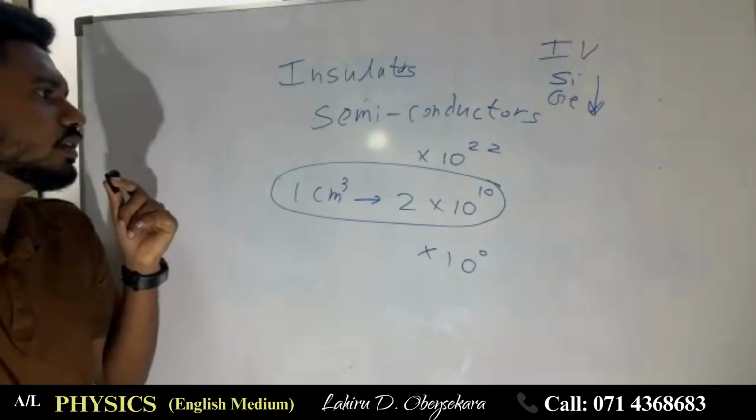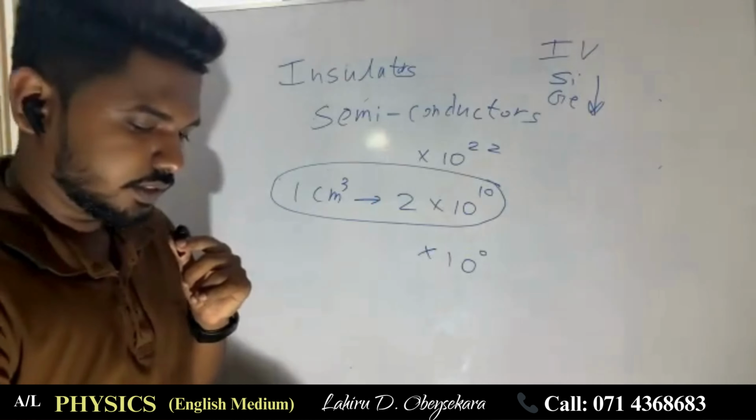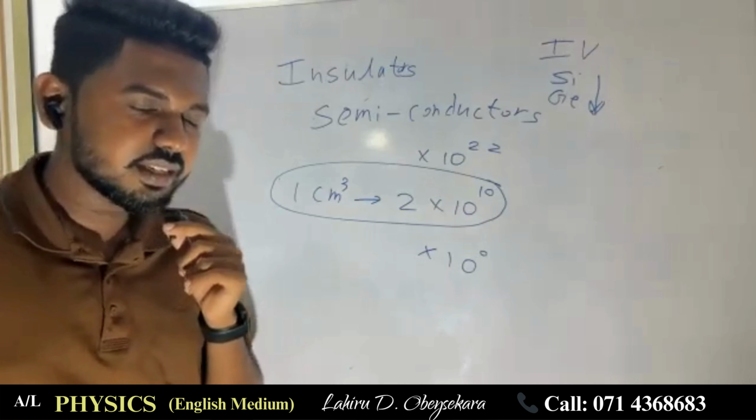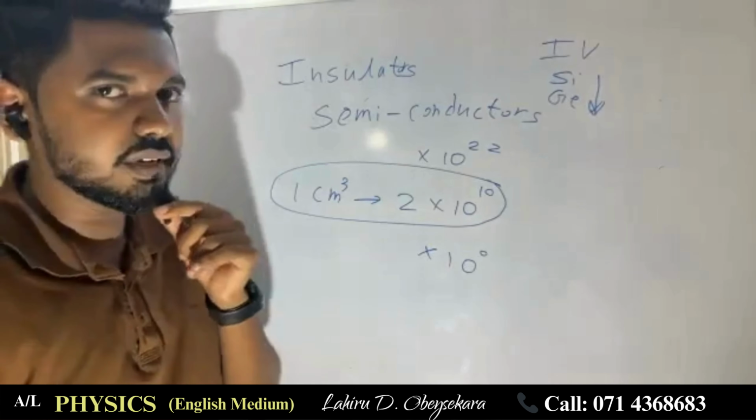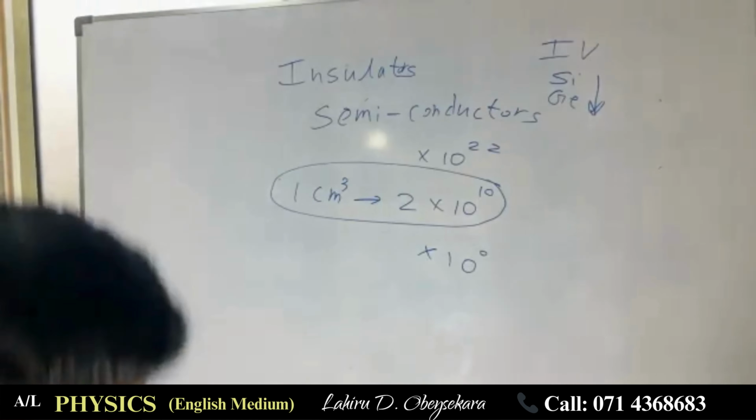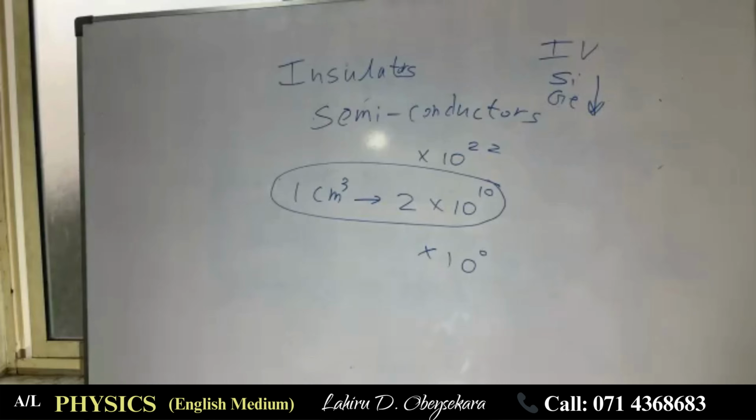As examples, we can consider elements that are in the fourth group in our periodic table.